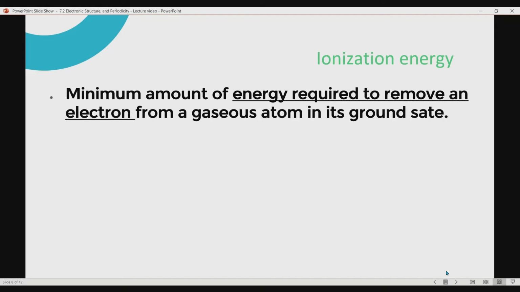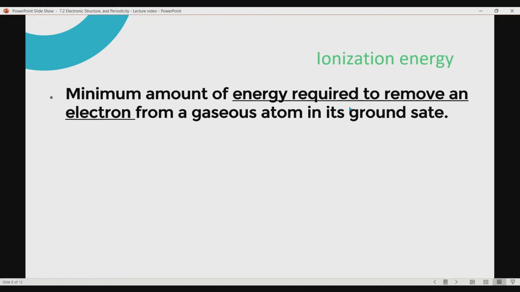Now, ionization energy is defined as the minimum amount of energy required to remove an electron from a gaseous atom in its ground state. So let me explain this one. So para po mapadali, kapag sinabi pong ionization energy, ito po yung energy na kinakailangan na magtanggal ng electron. Okay? So ibig sabihin, pag magtatanggal, okay, gagawing cation. Ulitin po natin.